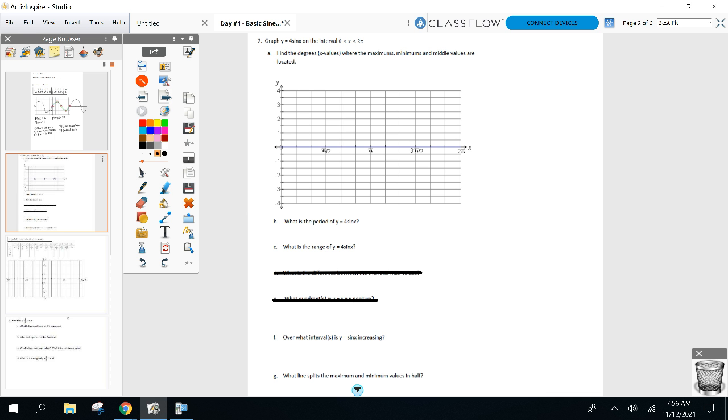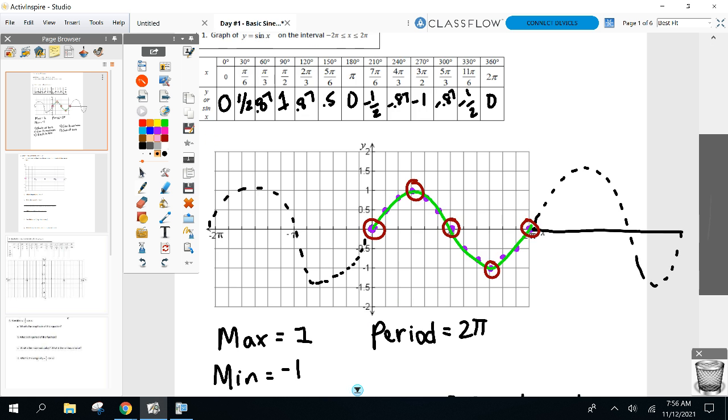So watch how quickly we're going to graph this without a table. Where did you guys tell me sine starts? Look back at the first graph if you need to. Where does sine start? Starts at 0, right? So we're going to start at 0. Then it went to where? We wrote it down.